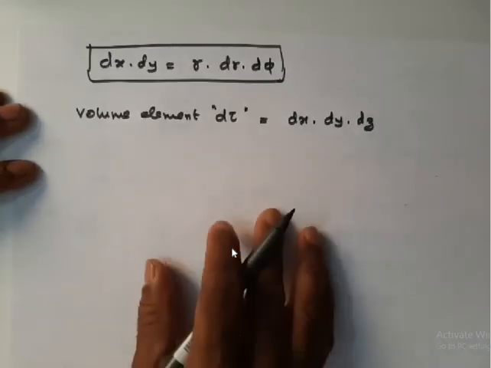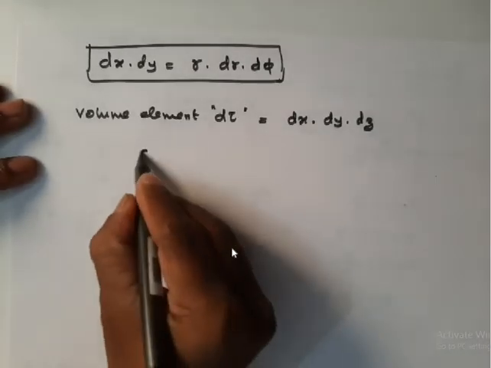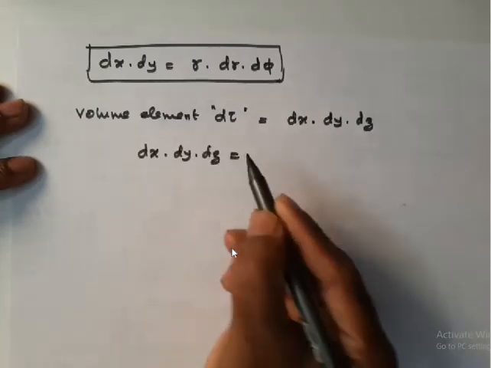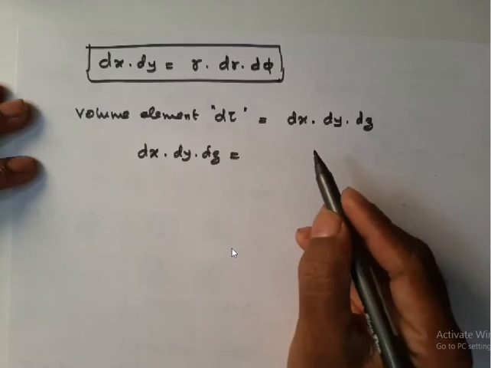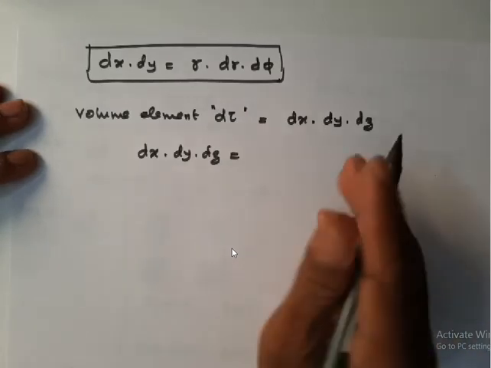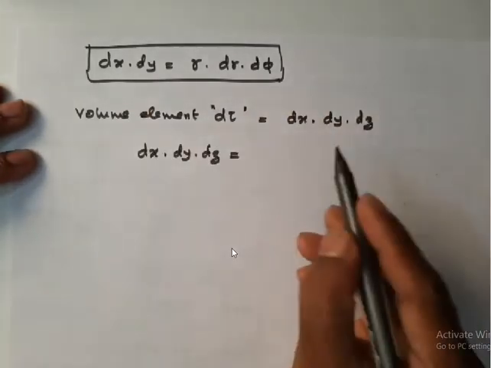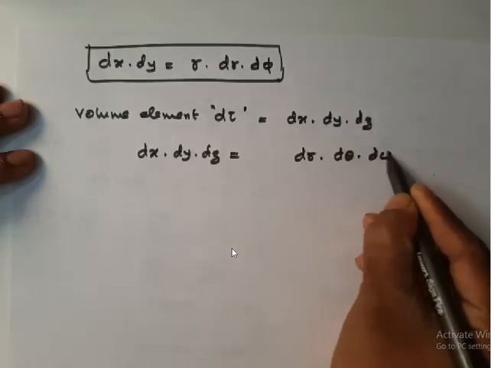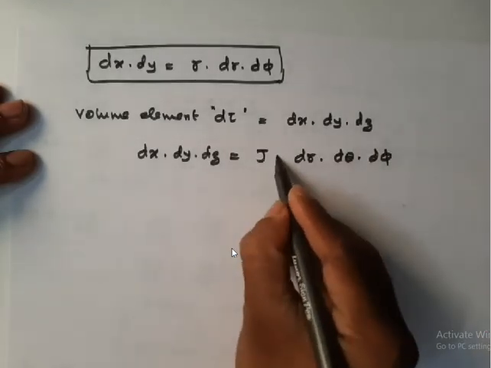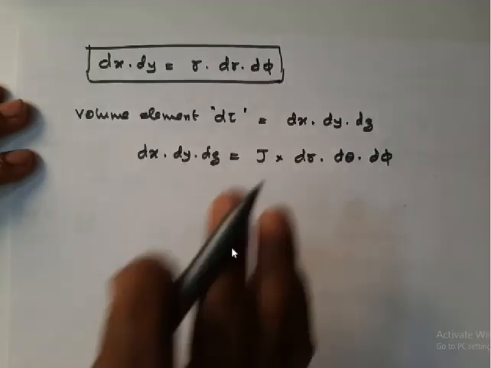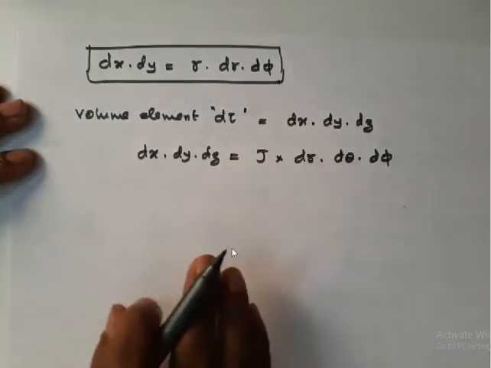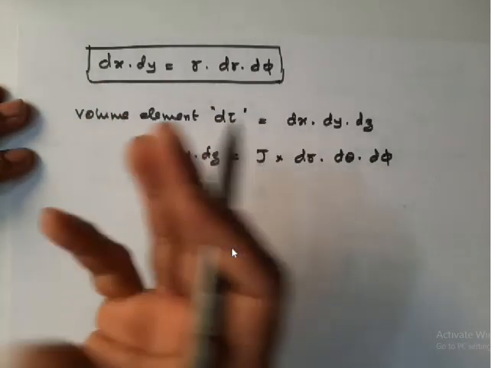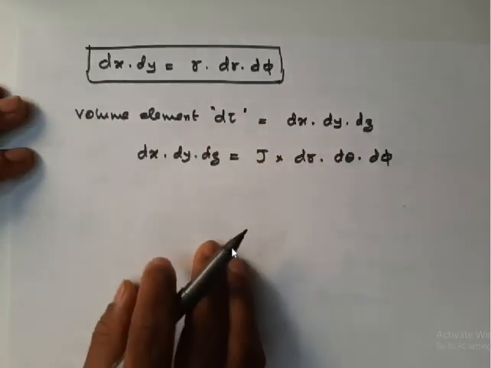We'll use the idea of the Jacobian. So dx dy dz equals, in 3D space where r, theta, phi are all variables, dr d theta d phi times the Jacobian. Remember, the Jacobian is a positive value here, because you are finding volume; volume or area cannot be negative.